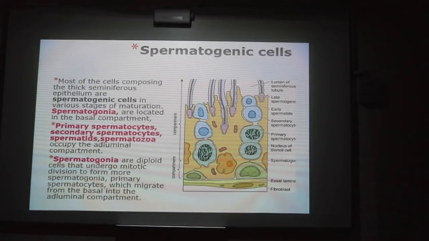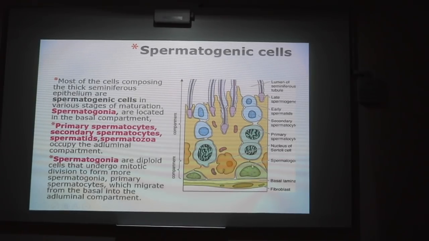If we look at the epithelium, you find this cell, which is more like a columnar cell, resting on the basement membrane. It has a nucleus, mitochondria, and apical projections. This cell is the Sertoli cell.